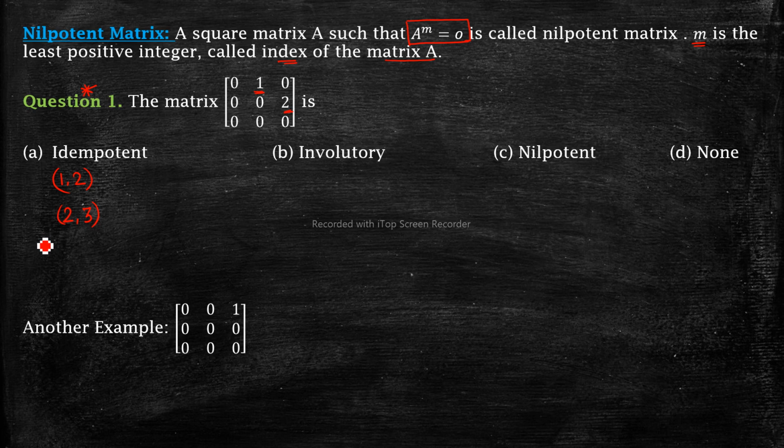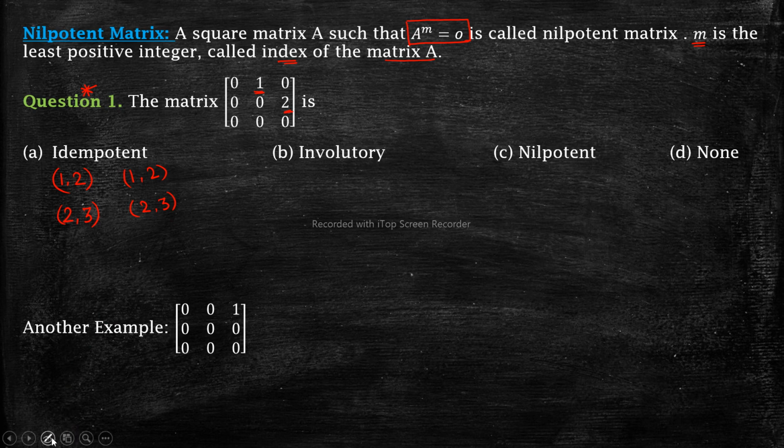If we look for A square, we have to multiply again by the same elements, 1 comma 2 and one more, 2 comma 3. Now we have to find out where the row and column places are similar.